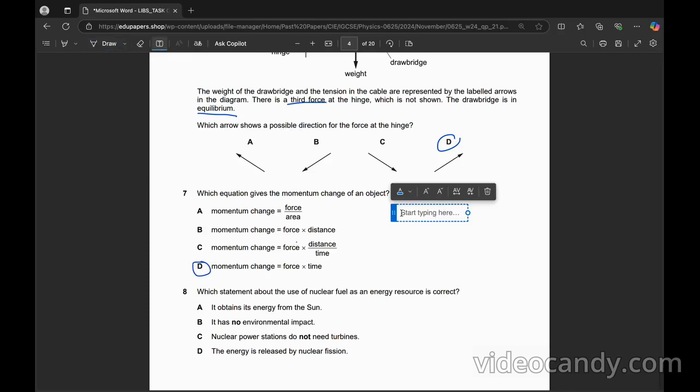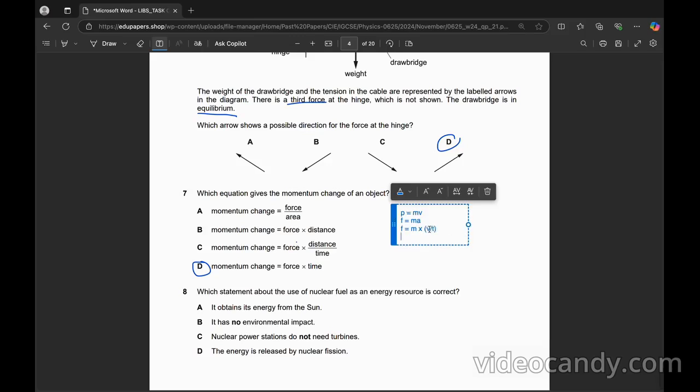So we know that momentum is mass into velocity, and force is equal to mass into acceleration, and acceleration is just velocity divided by time.